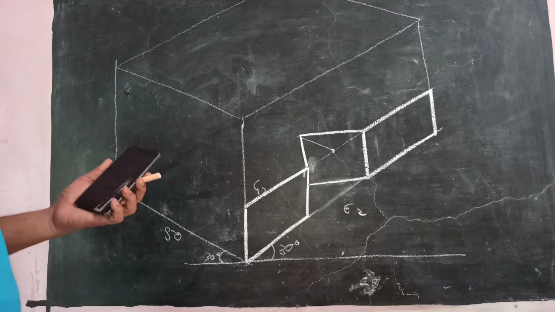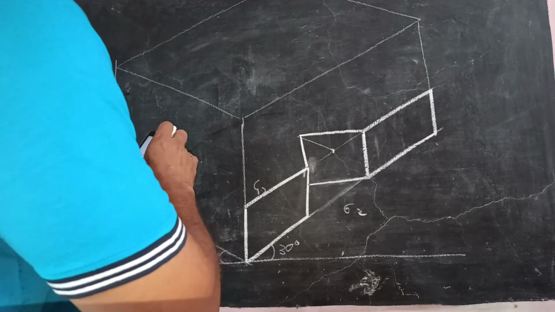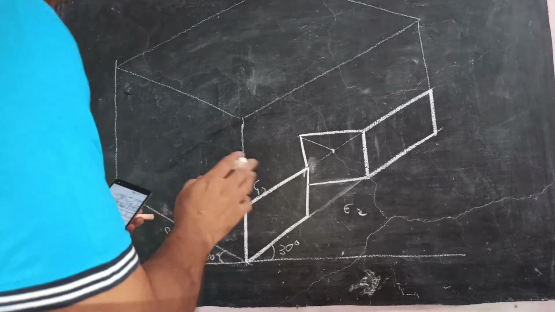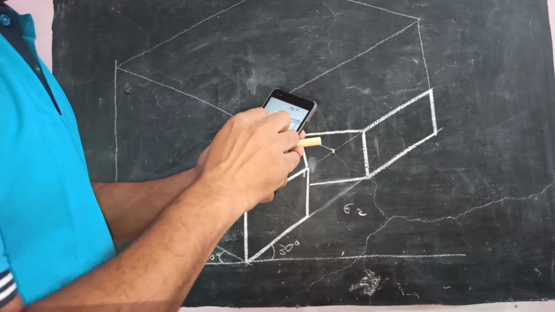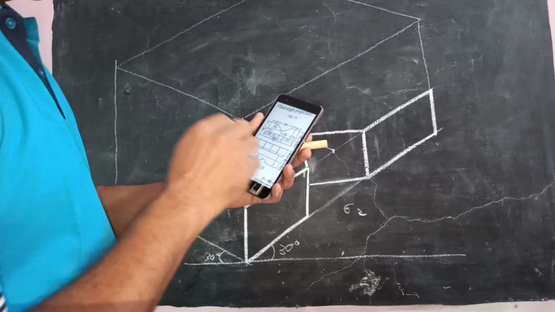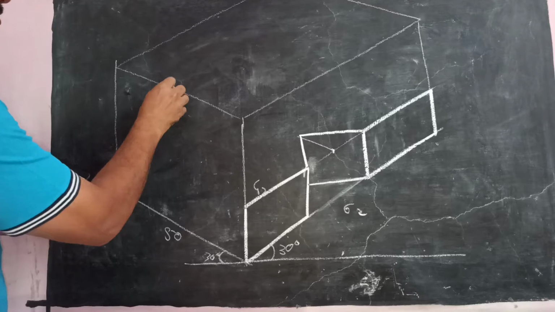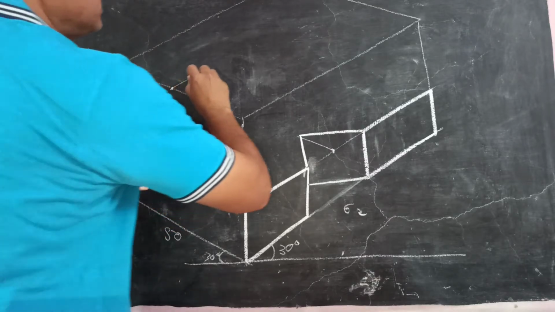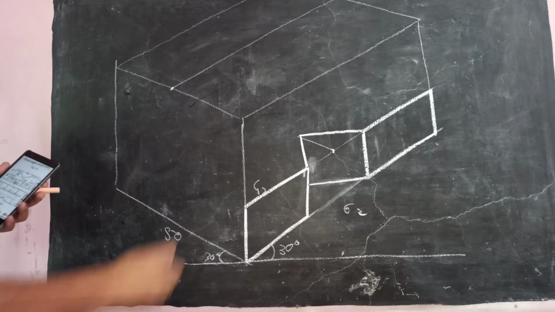Then let us see this portion, this V groove. This is having the width 20. So mark here 20 mm. Draw a faint line parallel to this. This is 20.